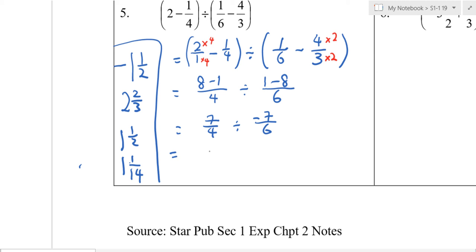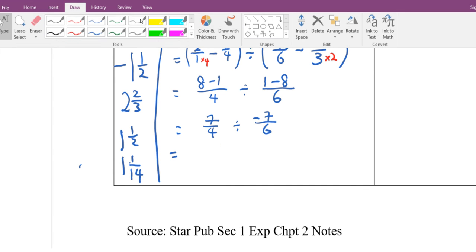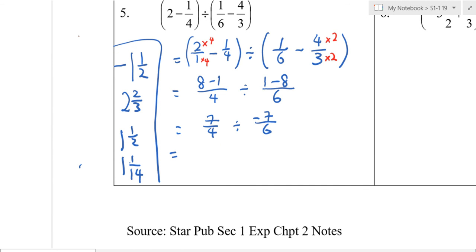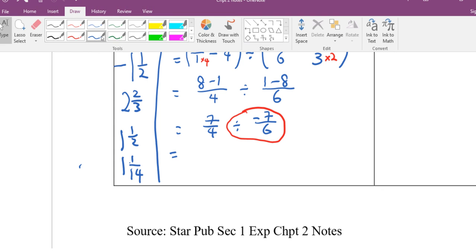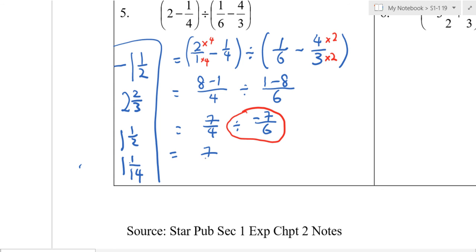Now what happened after next, Abhishek? You change a sign to another sign. What do you change? Divide to times. So you must know that this is together. And now we go 7 over 4 times what? 6 over negative 7.